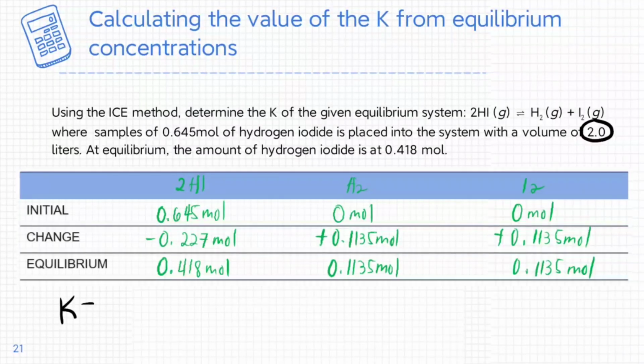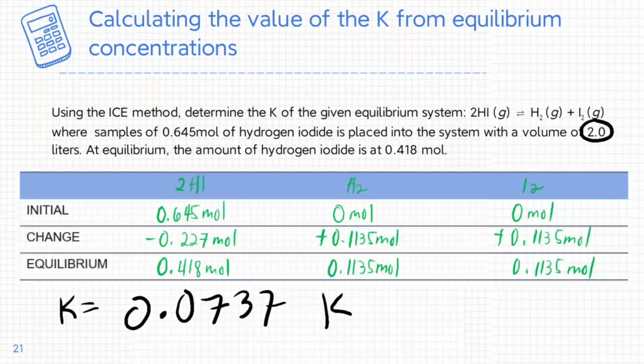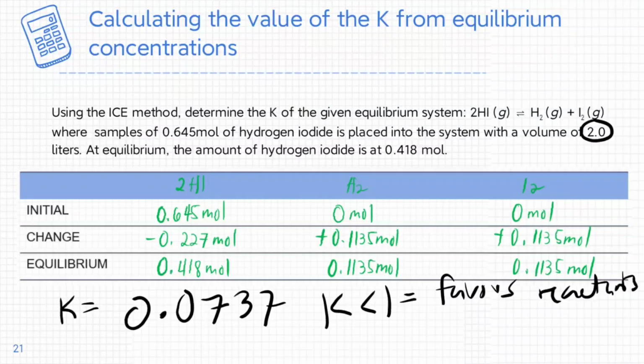Dito. Okay, na-compute nyo na ba? So, if your computed value is 0.0737, ganyan. Basta malapit sa answer na yan, that means you're correct. So, your equilibrium constant is less than 1. So, again, it favors your reactants. The equilibrium favors or lies to the left.